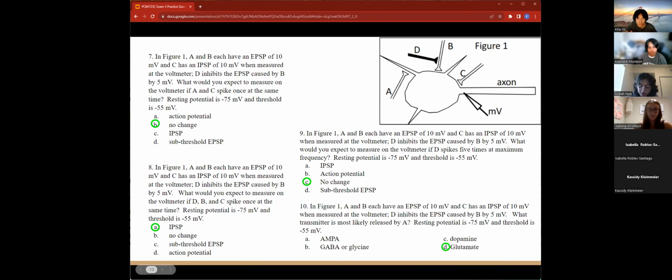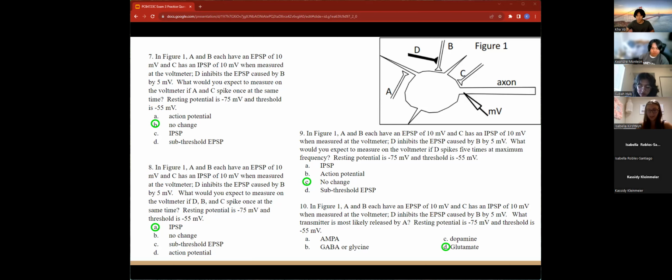So what transmitter is likely to be released by A? Well, A is an excitatory potential of like positive 10 millivolts. And so I'm just going to go through each answer choice and explain why D is right. AMPA is a receptor, it's not a transmitter, so A is automatically out. GABA or glycine, they're inhibitory and A is excitatory, so that one's out.